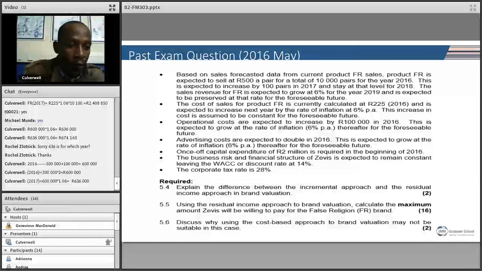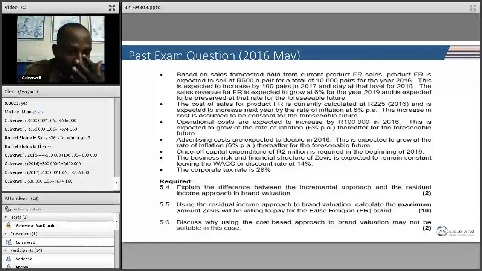And then for year 2018, 636 times 1.06 is going to give you 674,160.